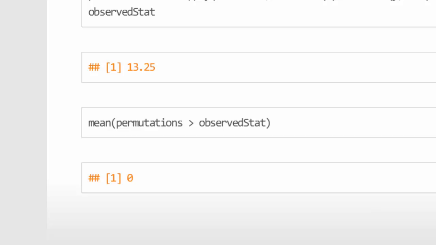And it turns out in this data set we get 0. So across 10,000 permutations, we couldn't find a reconfiguration of the group labels that led to a more extreme value of the test statistic than our observed statistic.